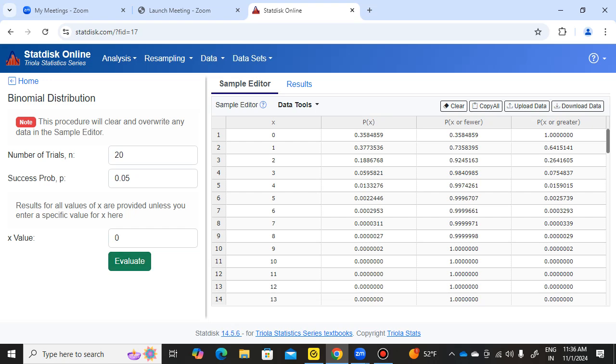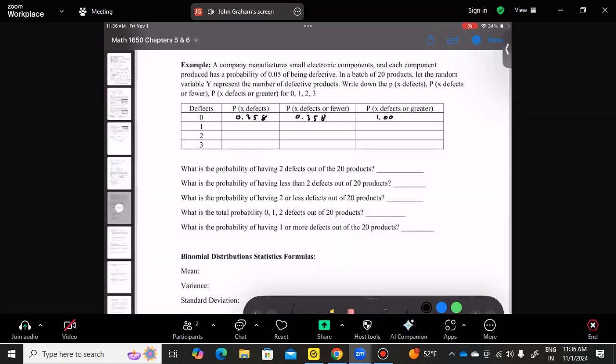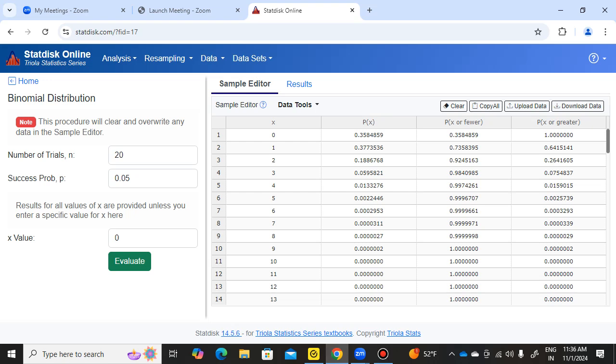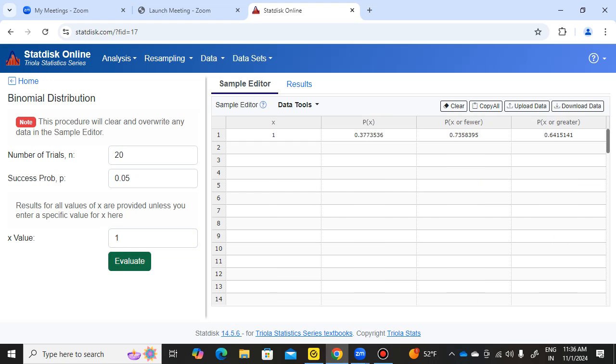Right, so I'm writing these into these columns: P of x defects, P of x defects or fewer, P of x defects or greater. So just continue to write these in for 1: 0.377, 0.736, and 0.642. And we'll take it to the third decimal for each one.